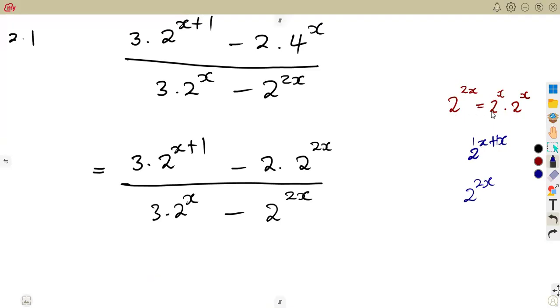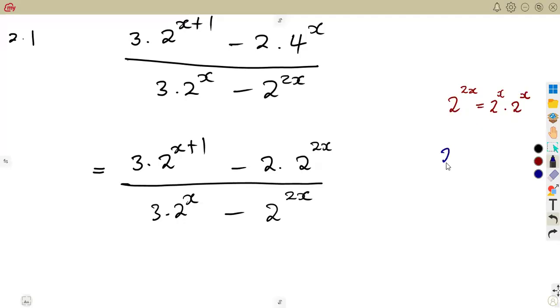So be careful there. It's a product of 2 to the exponent of x and another 2 to the exponent of x. But I also explained this when you are working with an equation. Let's say you want to formulate a quadratic equation.